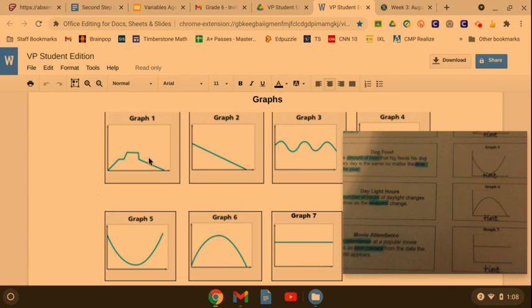Take some time with your turn and talk partner to see if you can match these graphs. It does get a little tricky because there may be a graph that you might find just, and if you get stuck or frustrated and you think this just really isn't a good fit, just go ahead and draw your own graph if you want. Okay?